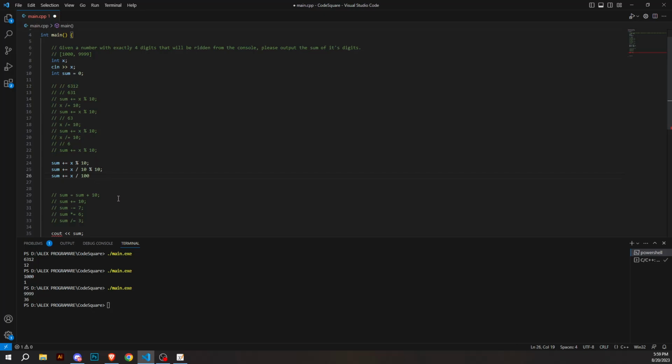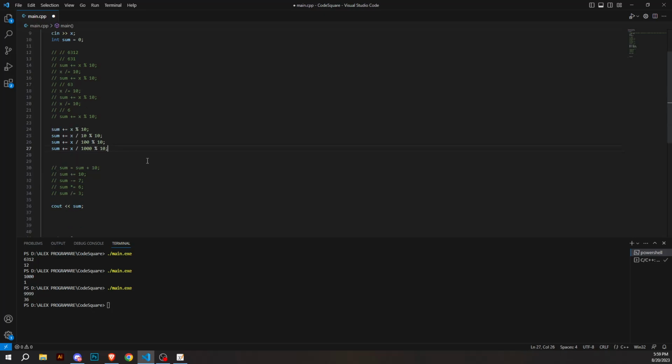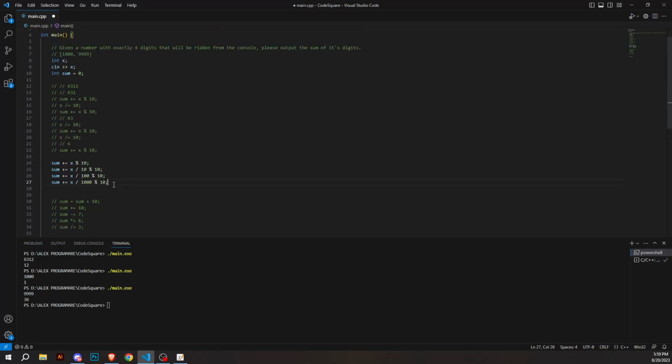So x divided by 100 modulo 10. And the last one, sum plus equals x divided by, you guessed it, 1000 modulo 10. And this will work as well. The only advantage to this is that we will have x with the same value.